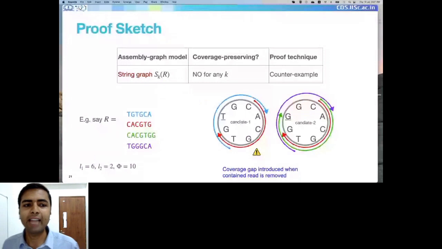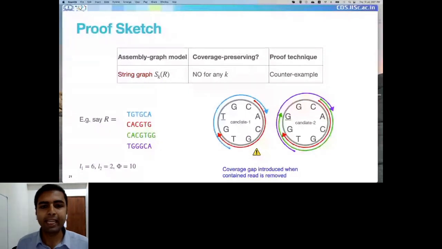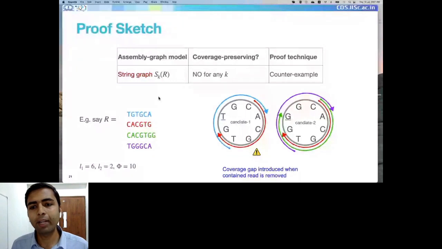Finally, the third type, string graph, as we said, is not guaranteed to be coverage preserving. And here is a simple counterexample to show that string graphs are not coverage preserving. So assume you have 4 reads. I'll label them as blue, red, green, and purple. And from these 4 reads, we can identify 2 candidate assemblies.